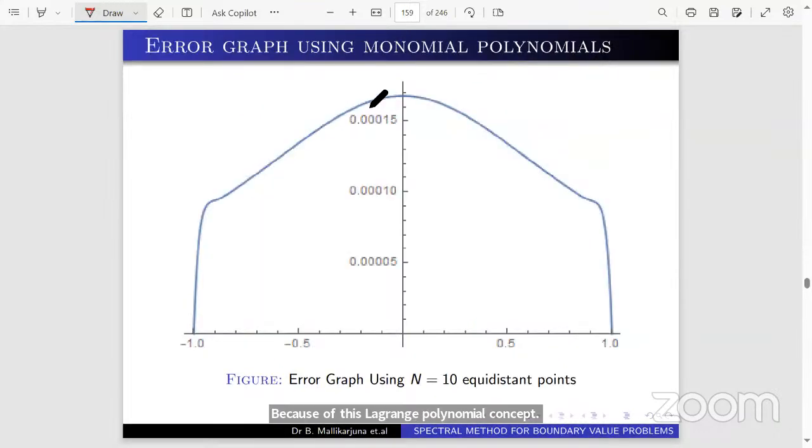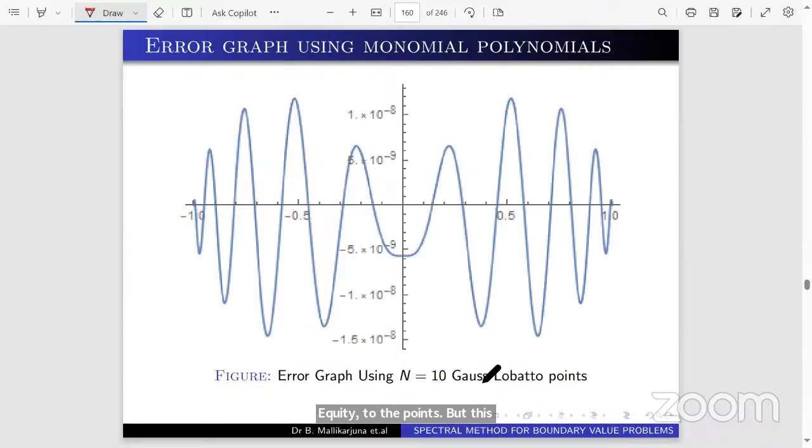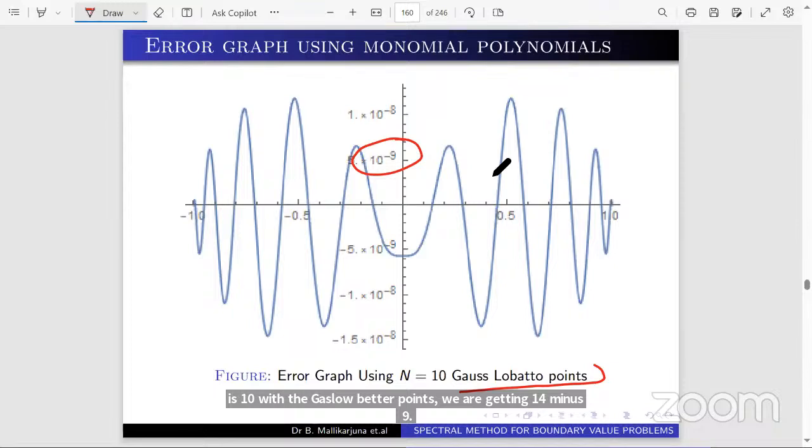See, the error graph using monomial polynomials for the same with 10. Earlier we did with 20 equidistant points, but this is with 10 Gauss-Lobatto points. We are getting 10 power minus 9. This is also with the monomial polynomial only.